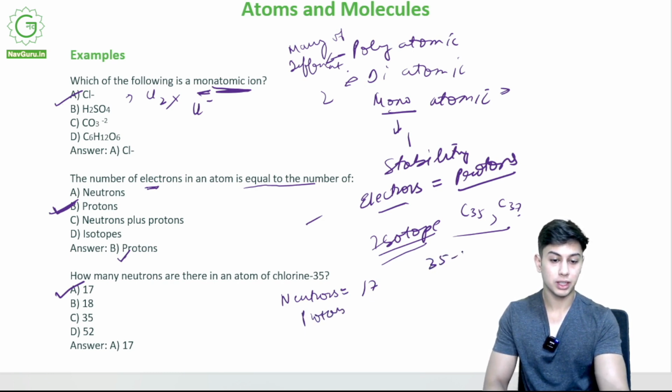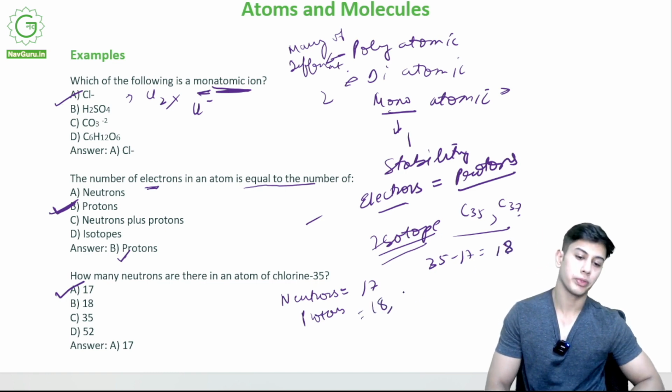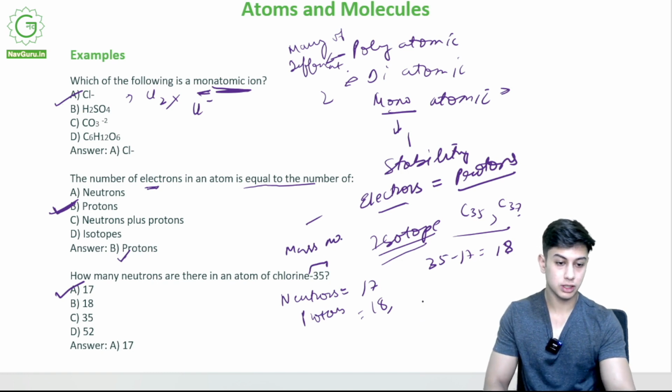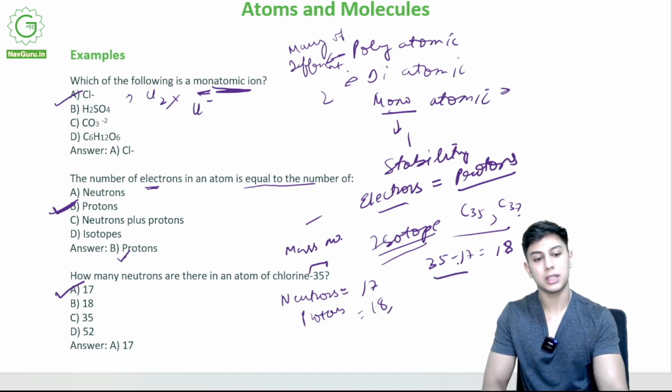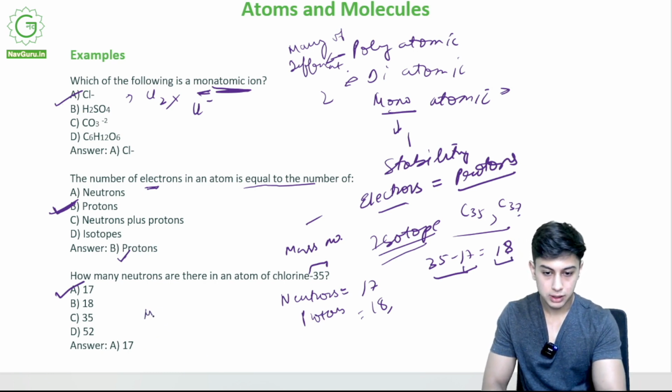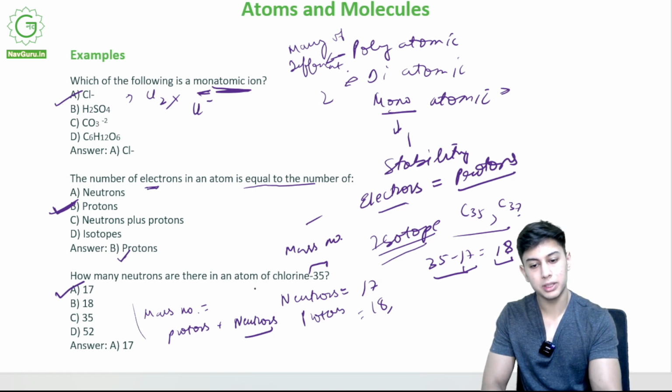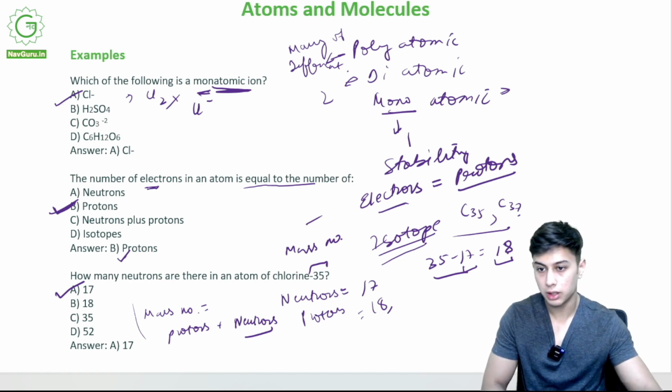So 35 minus 17, that would give me 18. That would be the number of protons. This is mass number. Remember guys, this is mass number. Protons plus neutrons. That is why I subtracted the number of neutrons from the mass number to get protons. Because mass number is equal to protons plus neutrons. Always remember, if you remember this, you can solve any numerical.